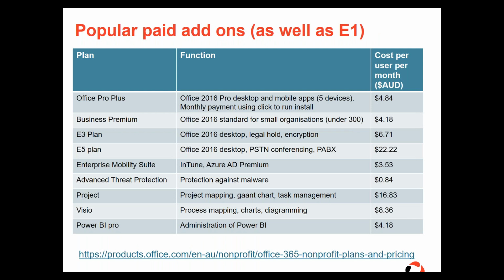The most common product and the common need for paying for something is Office. Most people, including myself and most of my clients, still want a copy of Office. The current version is 2016, which is Word, Excel, PowerPoint, all of those things on your local PC, which means you can work offline.